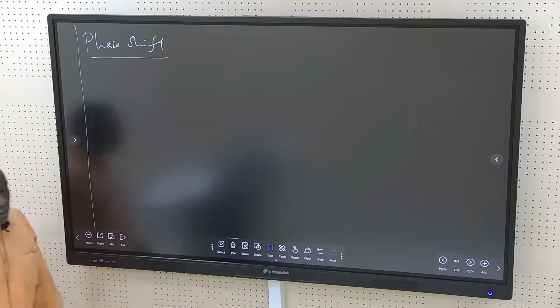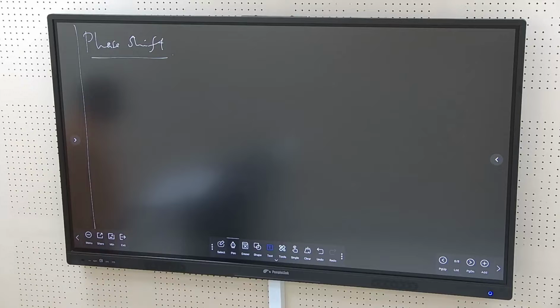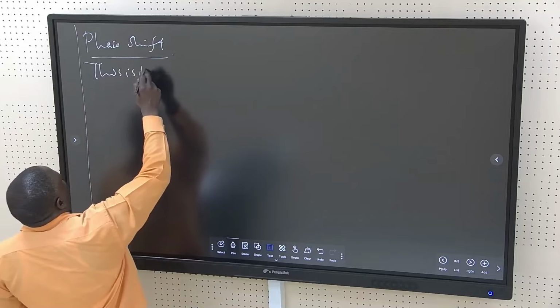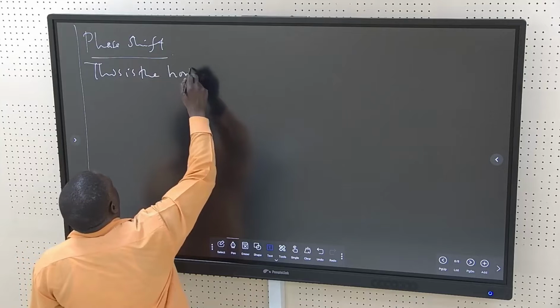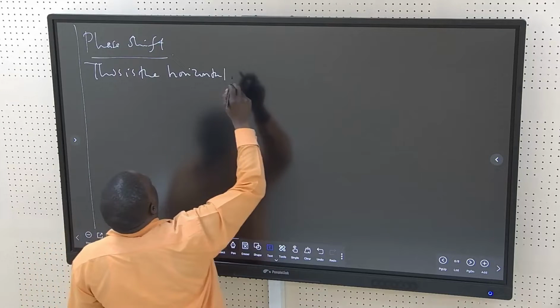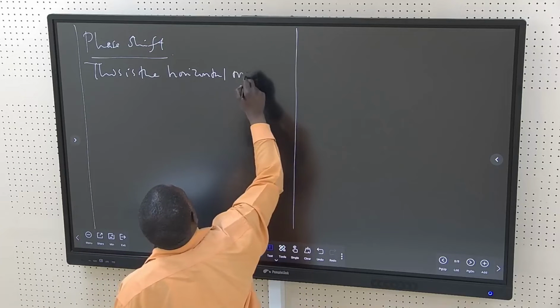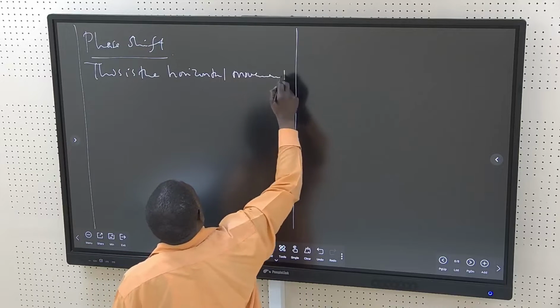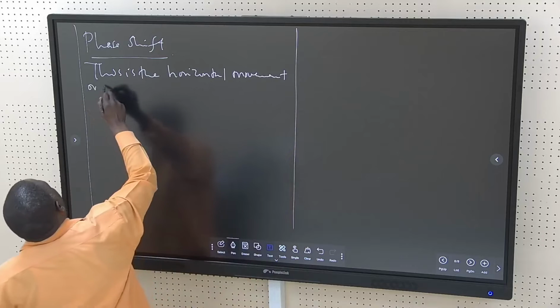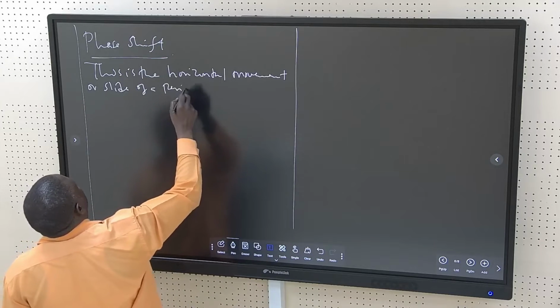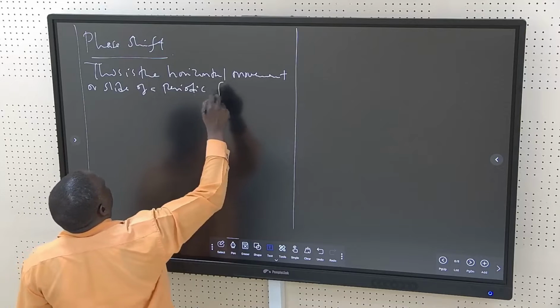This is the horizontal shift or movement or slide of a periodic function, the curve of the periodic function.